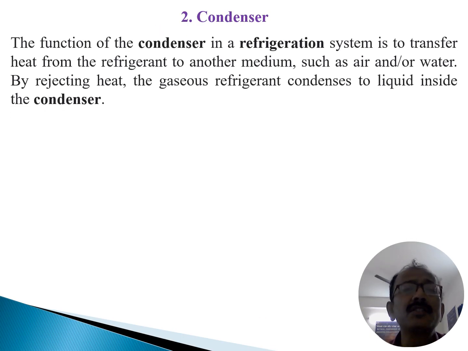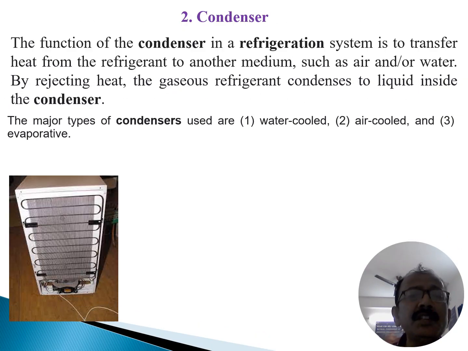Next one is the condenser. The condenser is generally visible at the backside of the refrigerator. The function of the condenser in a refrigeration system is to transfer heat from the refrigerant to another medium such as air or water. By rejecting heat, the gaseous refrigerant condenses to liquid inside the condenser.